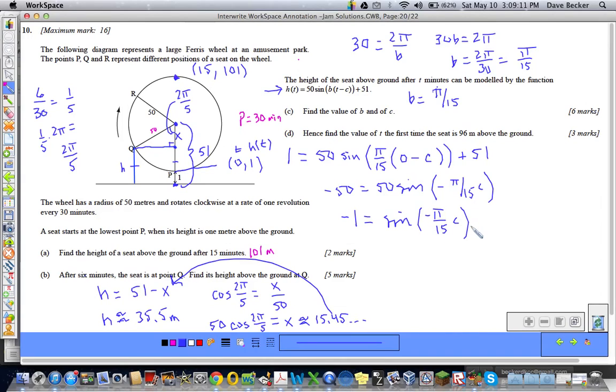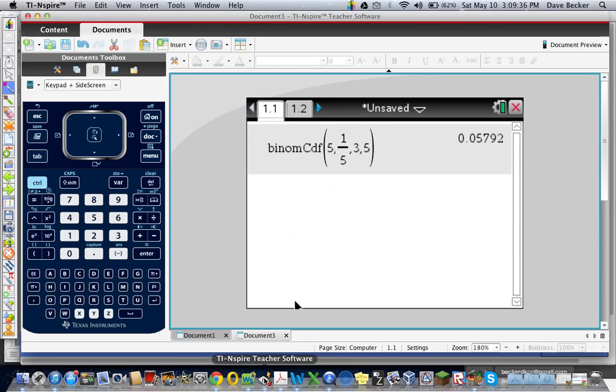Well, this is paper 2, so let's take advantage. I can add 1 to both sides and find the 0. So 0 equals sine of negative pi over 15 c plus 1. And I'm going to graph that.